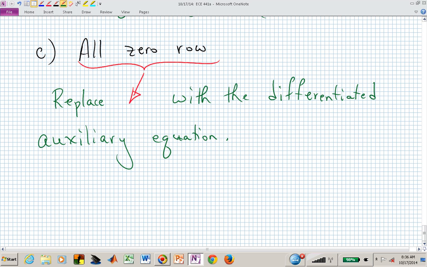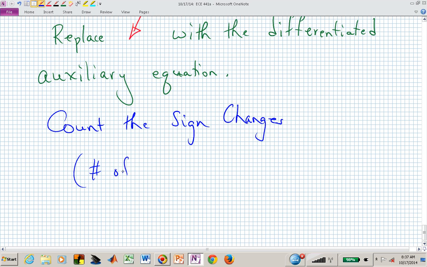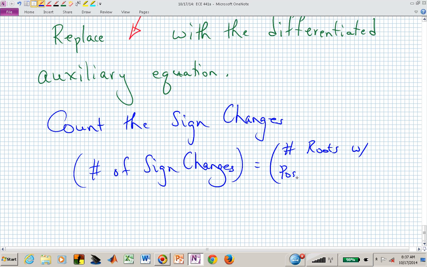And then we continue building our Routh array, and again, we simply count the sign changes, and we have the number of sign changes equaling the number of roots with positive real parts.